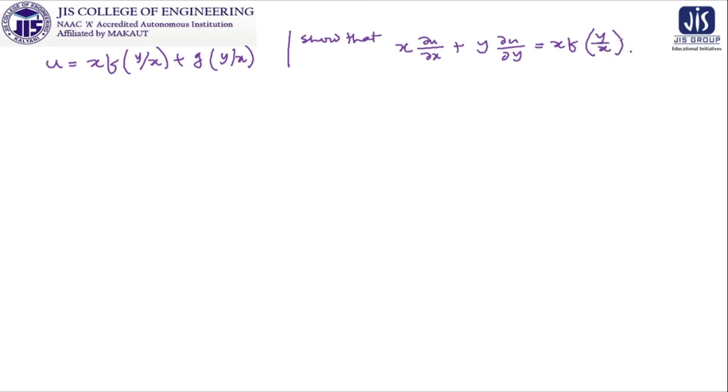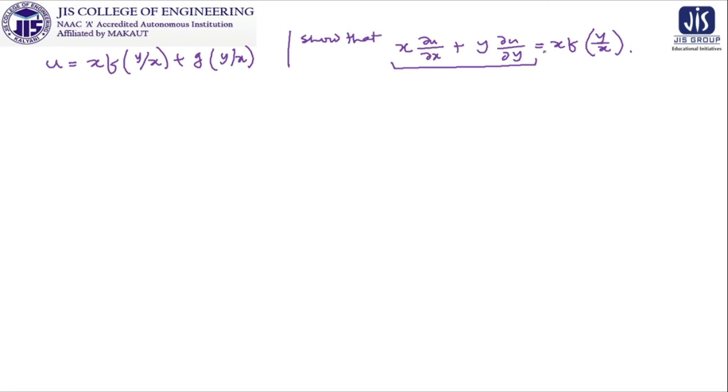The important observation before starting the problem is that if you concentrate on the expression to prove, it is x ∂u/∂x plus y ∂u/∂y, and when we are almost covering 1.75 part of the class on Euler's theorem, x ∂u/∂x plus y ∂u/∂y always indicates that you must search for Euler's theorem in the problem.